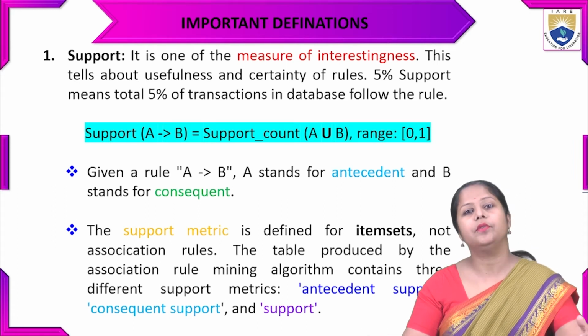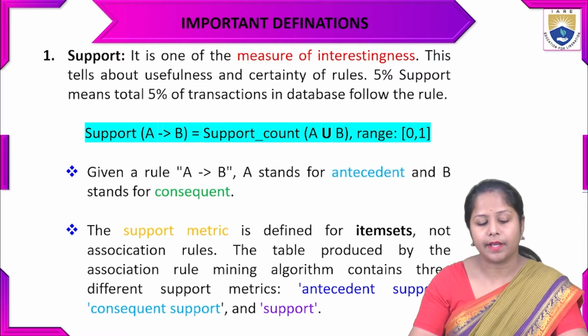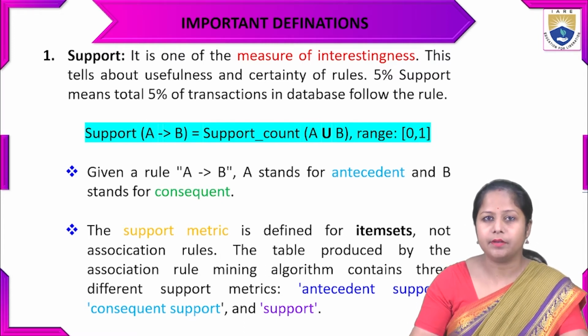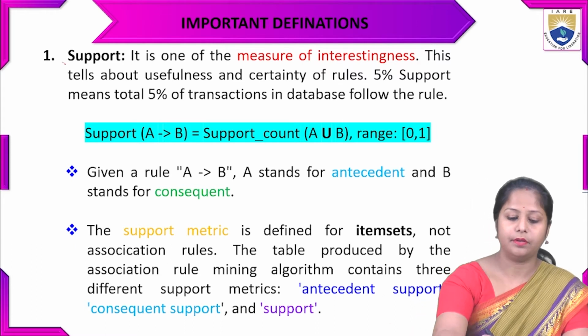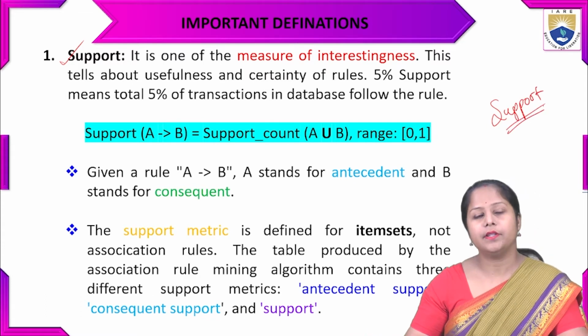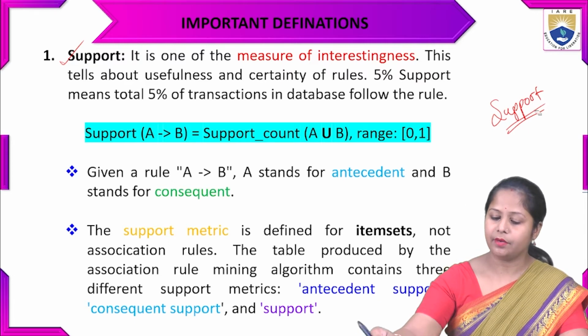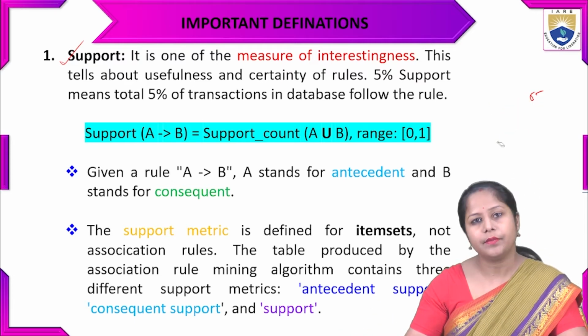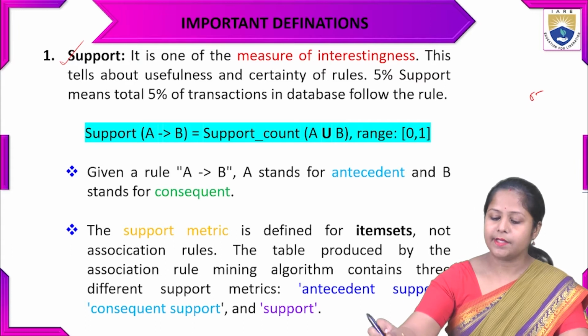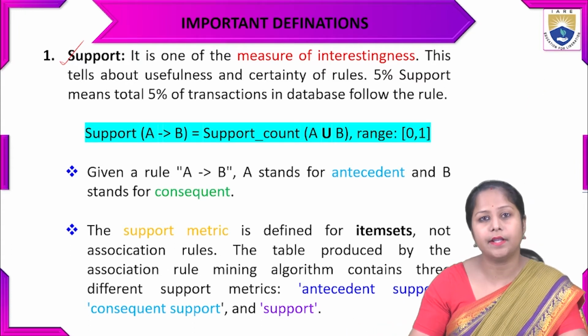Before going to the frequent item sets, some important definitions are there, like the term support. Support is one of the measures of interestingness. It tells about the usefulness and certainty of rules.